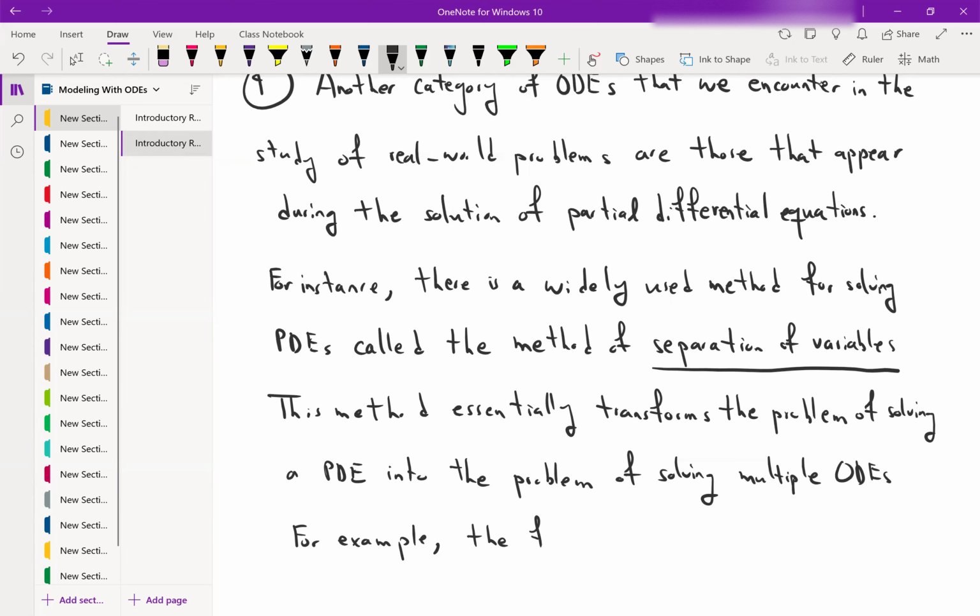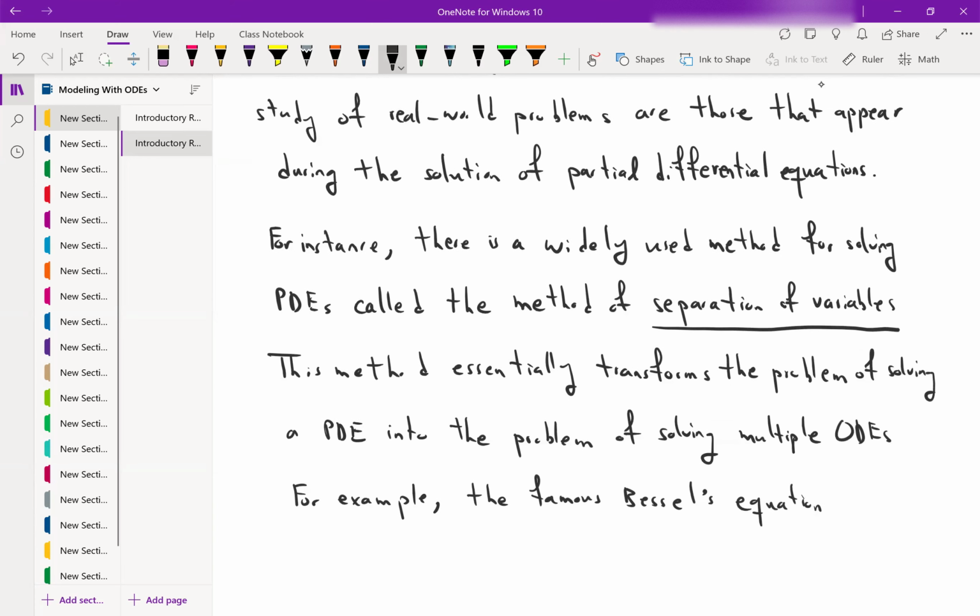The famous Bessel's equation, which is an ODE of this form: find a function y of x such that x squared y double prime plus x y prime plus (x squared minus n squared) y equals 0. Here n is a fixed number.